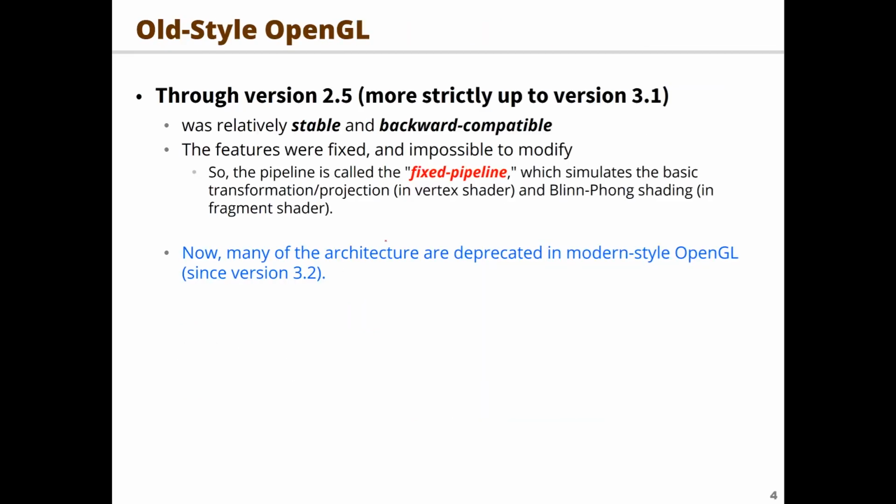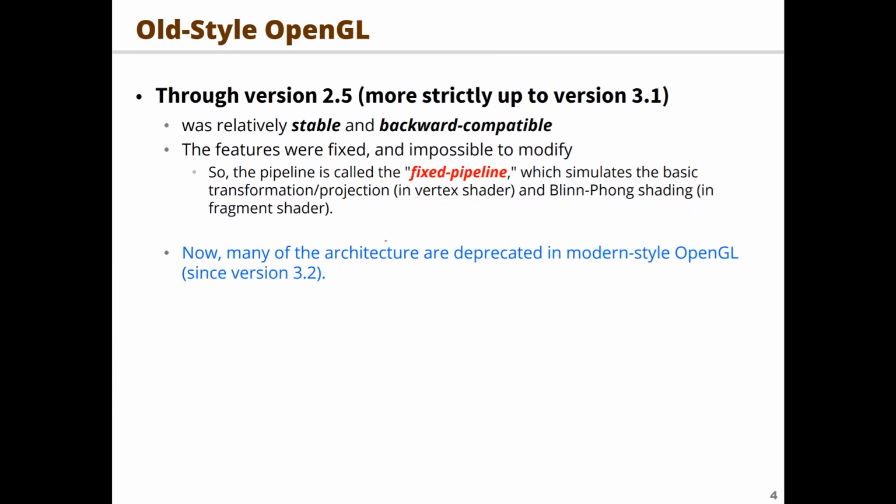And next is old style OpenGL. If you see old style, that means that there's a new or modern style. In this course, I'm going to cover modern style only. But we have to know what old style OpenGL is. The current version of OpenGL is 4.6 or 4.7. But through OpenGL version 2.5, more strictly up to version 3.1, that was old style.